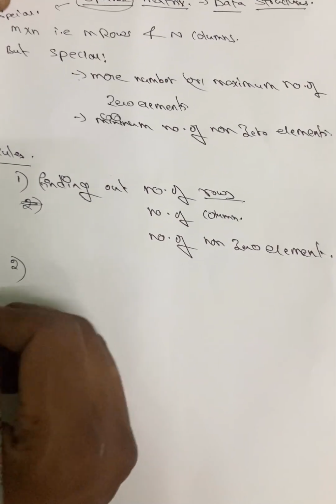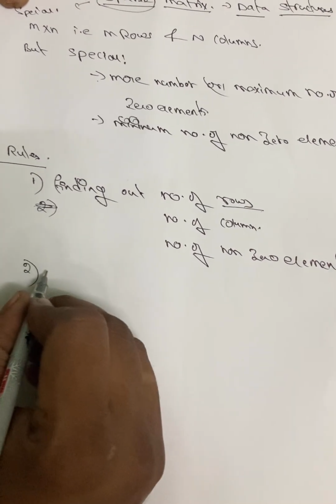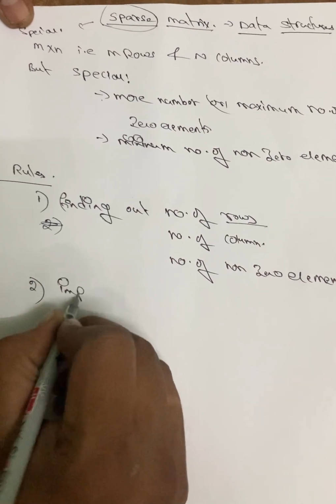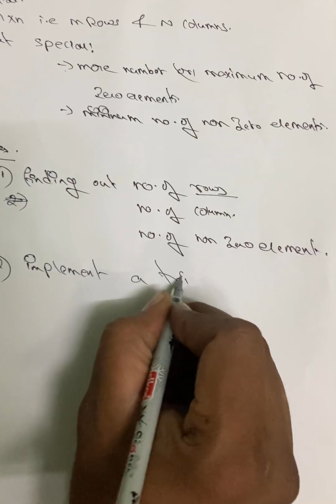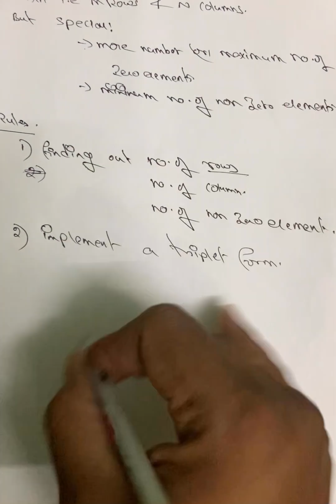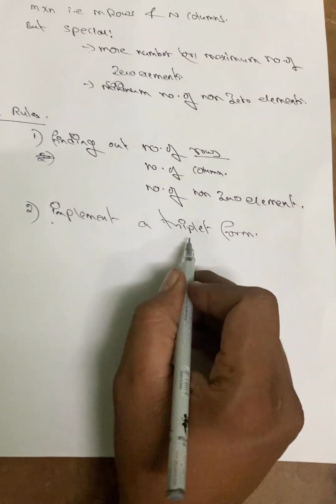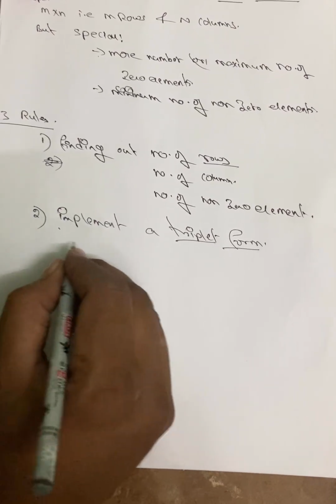And the second rule we have to remember is to implement a triplet form from the given matrix. We have to create a triplet form. What is a triplet form?